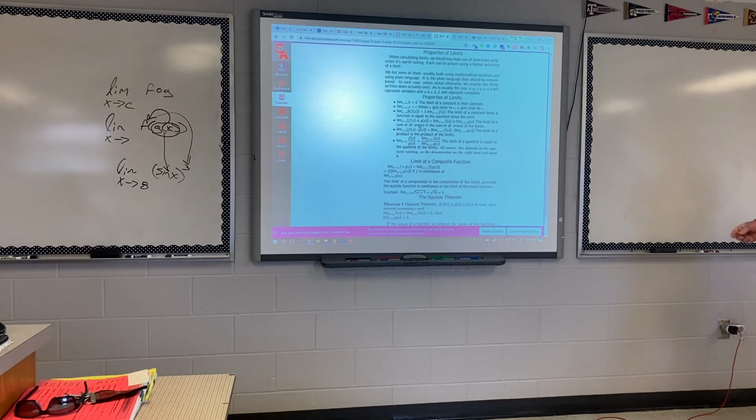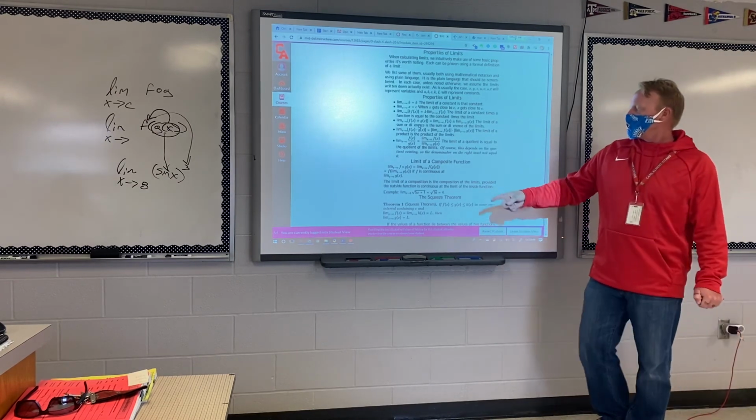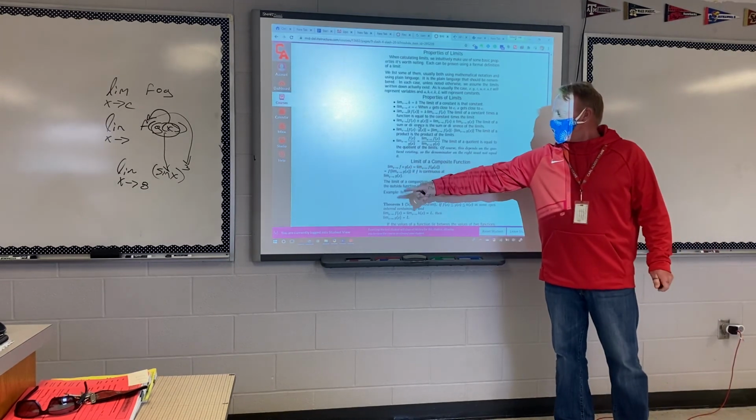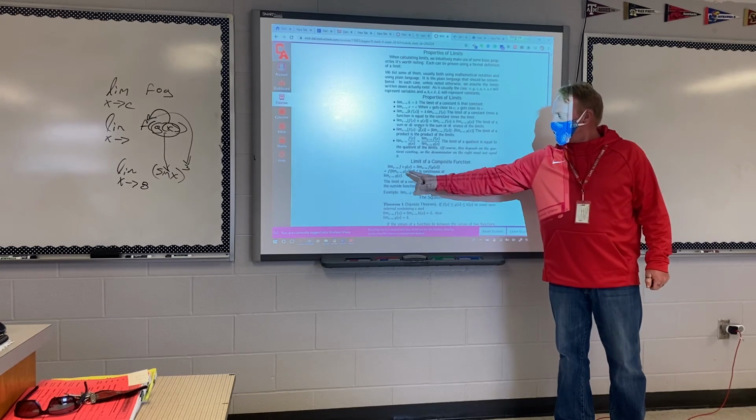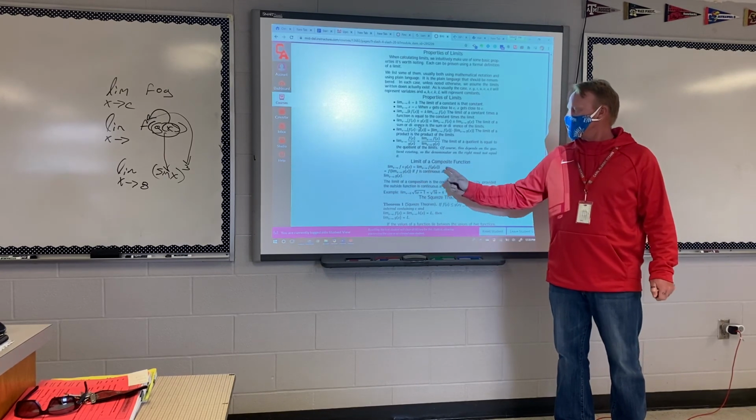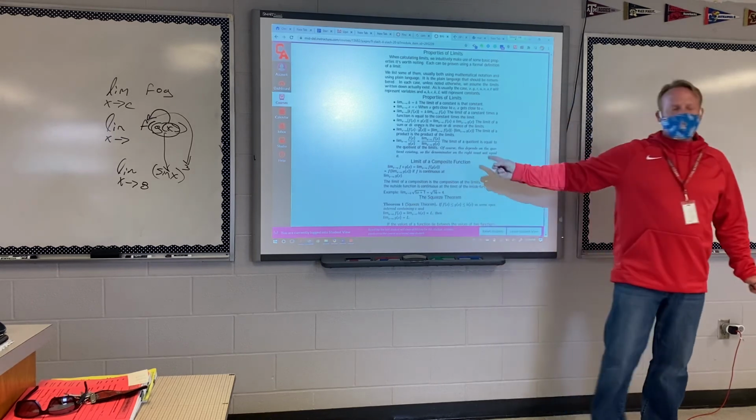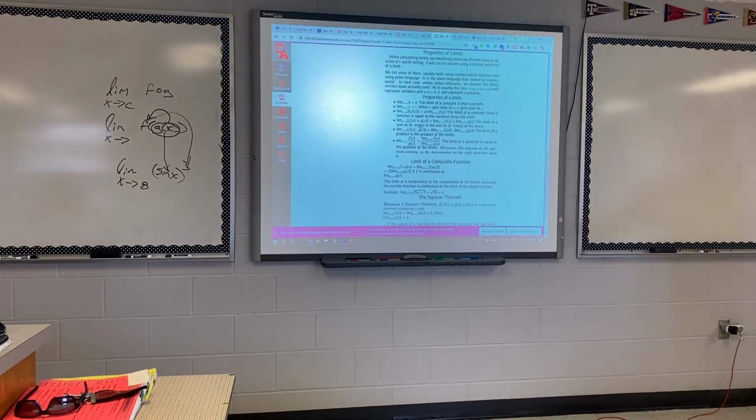So let's see what it says. It says it equals f of the limit of g, if f is continuous at that point. So what does that mean I have to do to get the limit of a composite function?